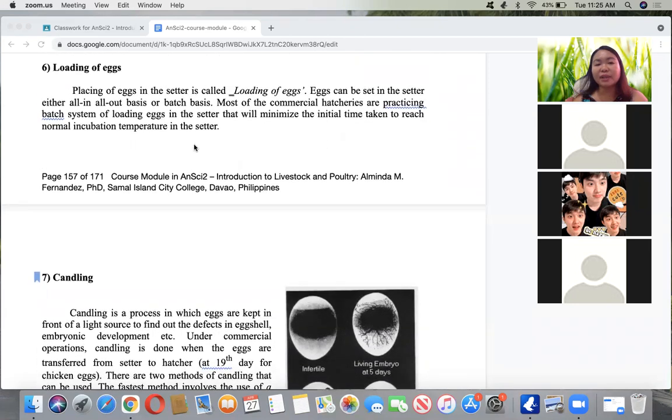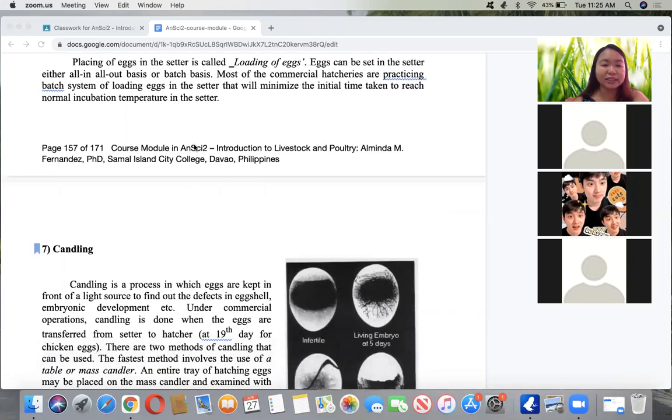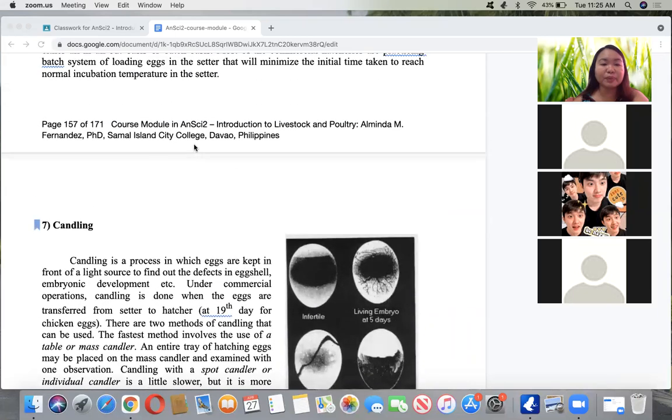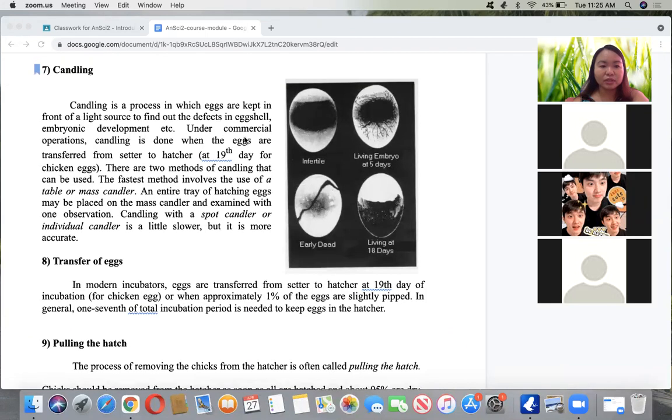So kahit malaki, madami ka pang space, minsan yung commercial hatcheries are by batch yung paglo-load, hindi sabay-sabay, para yung temperature ay madali ma-reach.